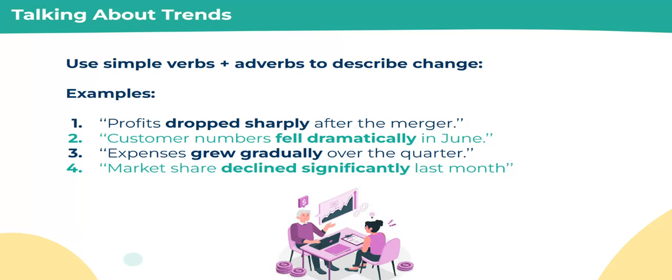All of these sentences use verbs and adverbs to describe change. Dropped sharply, fell dramatically, grew gradually, declined significantly.